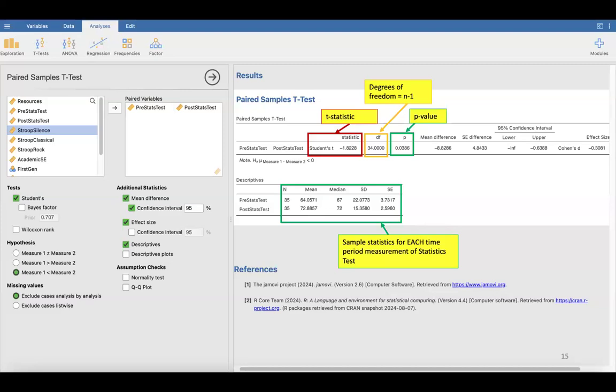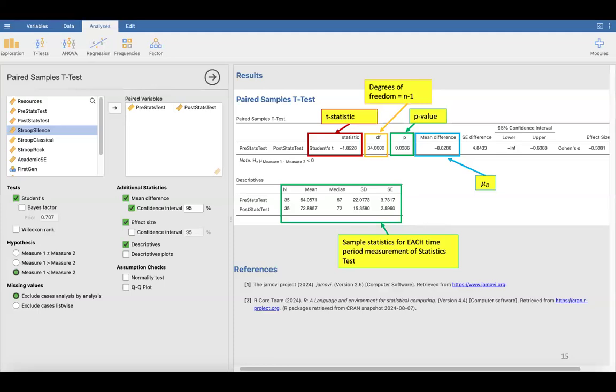And so this provides evidence to support what we believe to be true, which is that the post-statistics test was higher after the meme intervention. Now, we're not saying that this is proving anything. There could be other causes of this change. So you don't want to go too far with your information. We just have some evidence that there was a change and that it was an increase in scores.